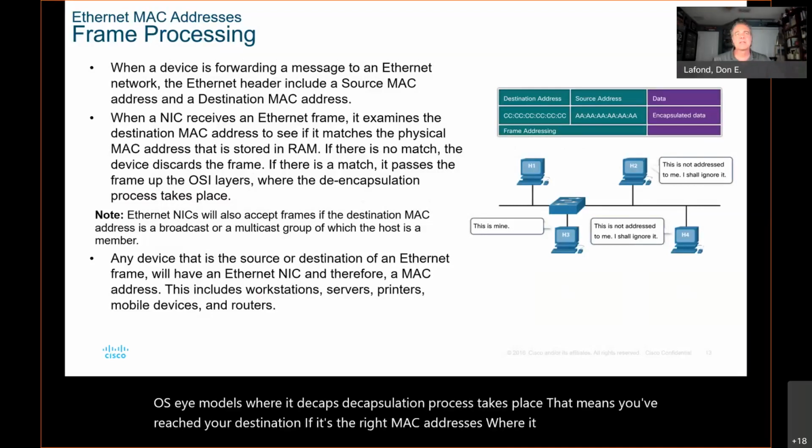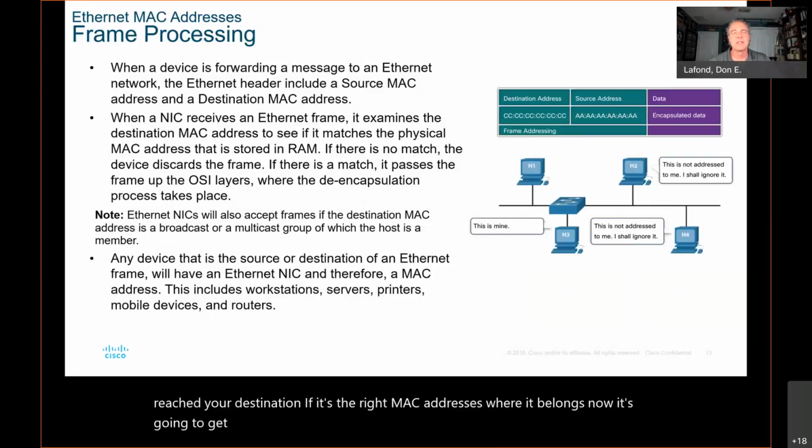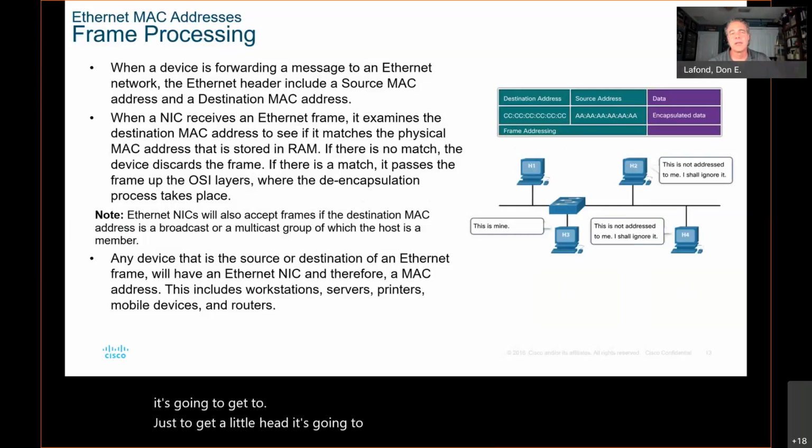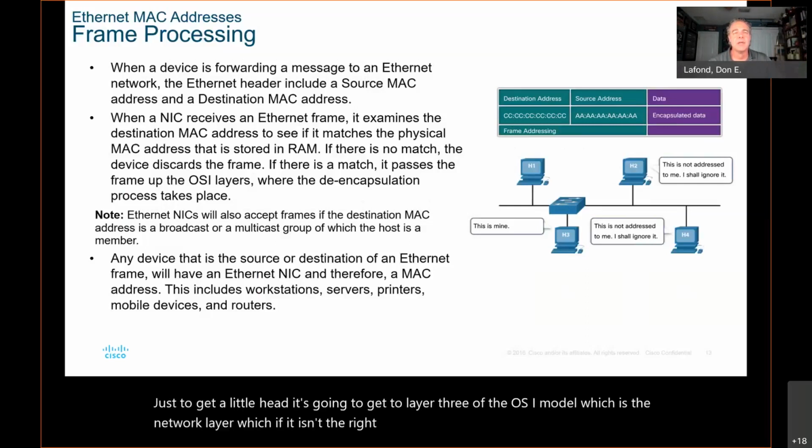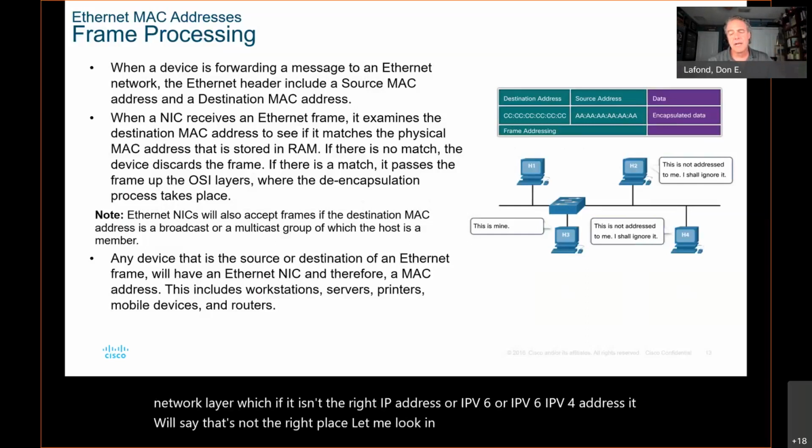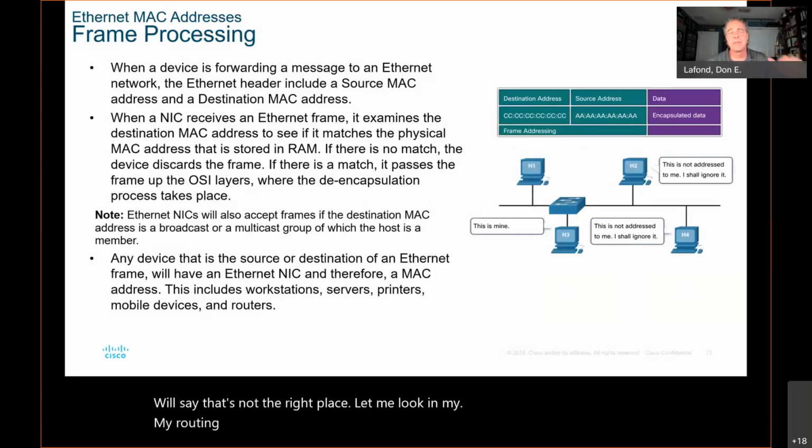Just to get a little ahead, it's going to get to layer 3 of the OSI model, which is the network layer. If it isn't the right IPv4 or IPv6 address, it will say, that's not the right place, let me look in my routing table. This is happening at layer 3, which is next week's presentation.